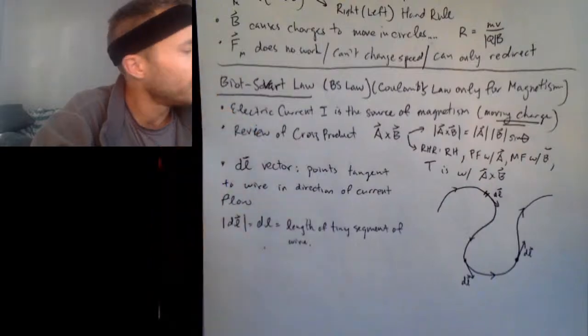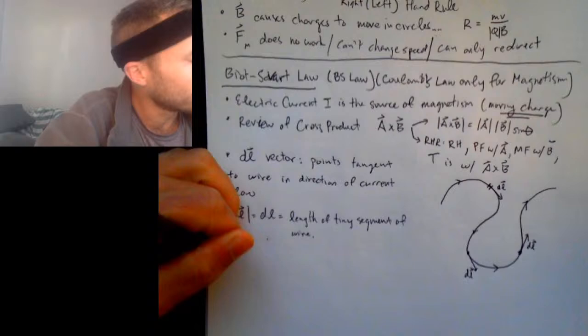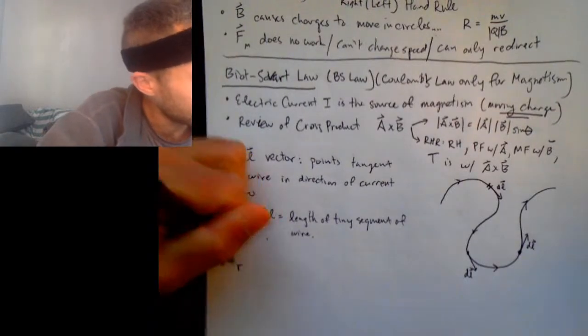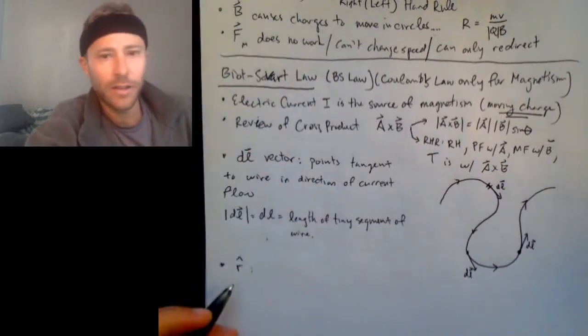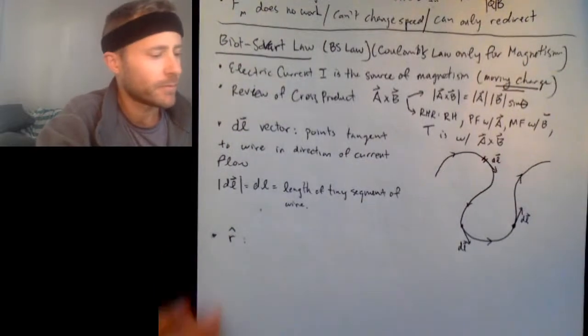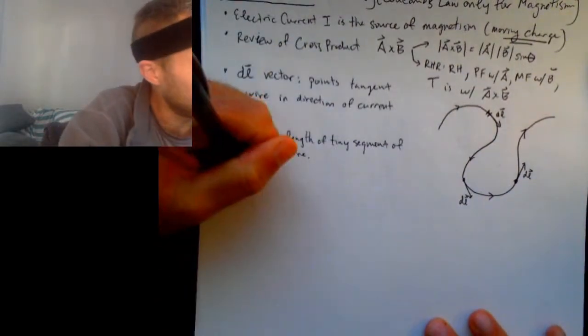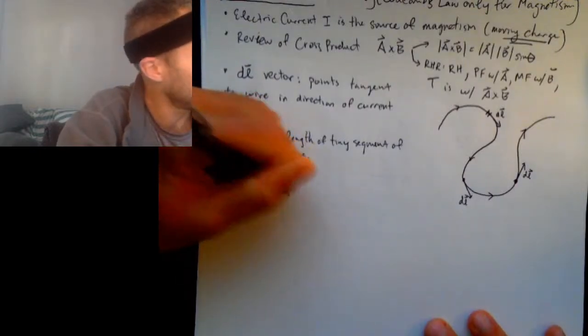All right, and then we also have another vector called r hat, and r hat is a unit vector. And remember, unit vectors have a length of 1. So unit vectors have a length of 1.